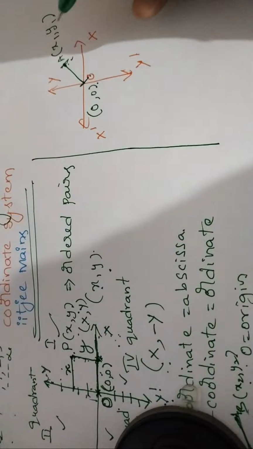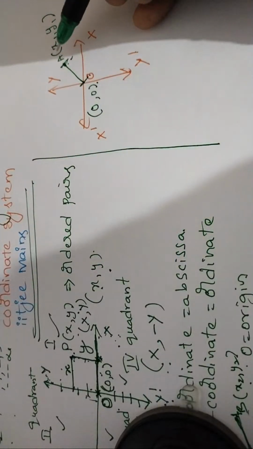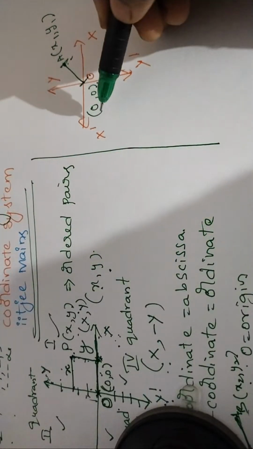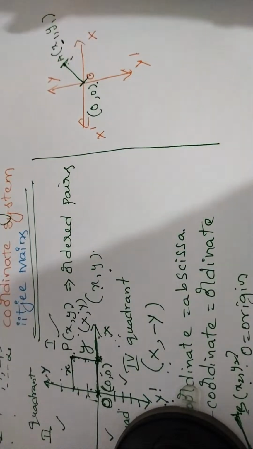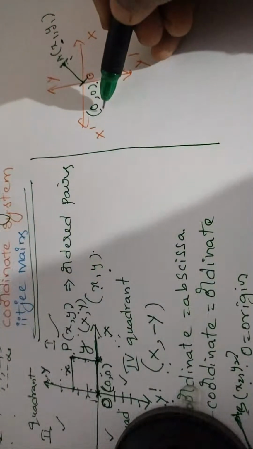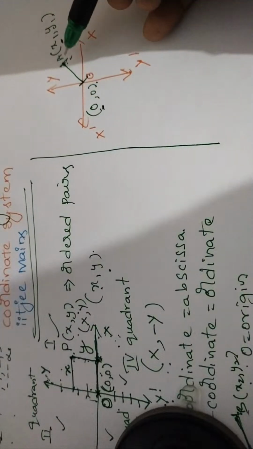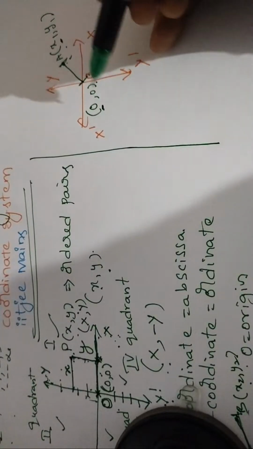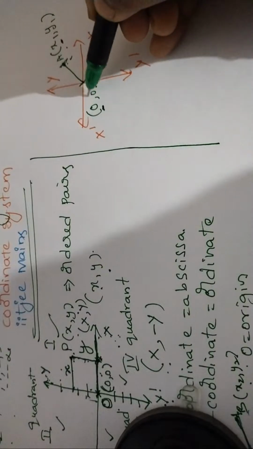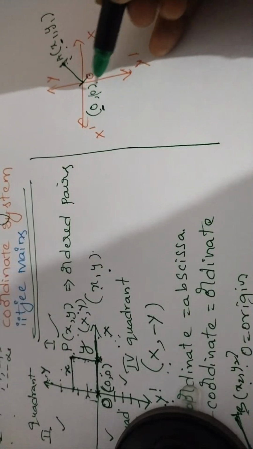How can we find it? Already I told, take any one point minus the first point. The first point is the x point, the second is the y point.